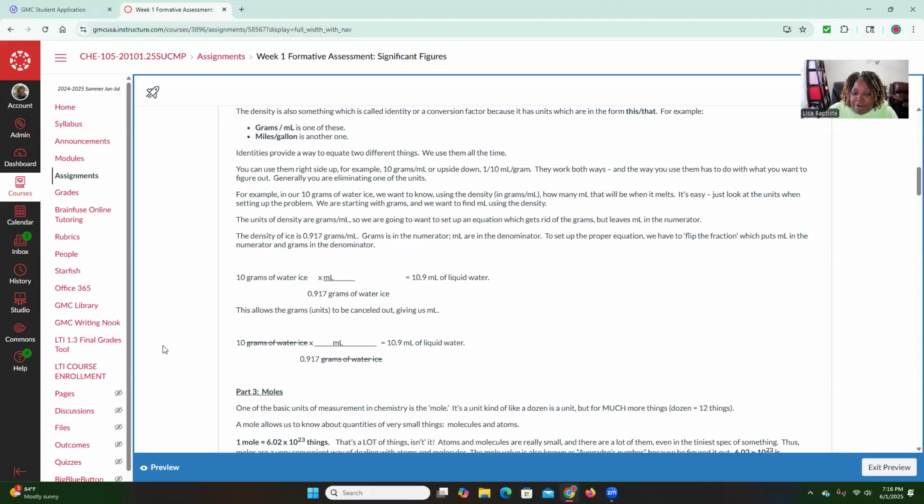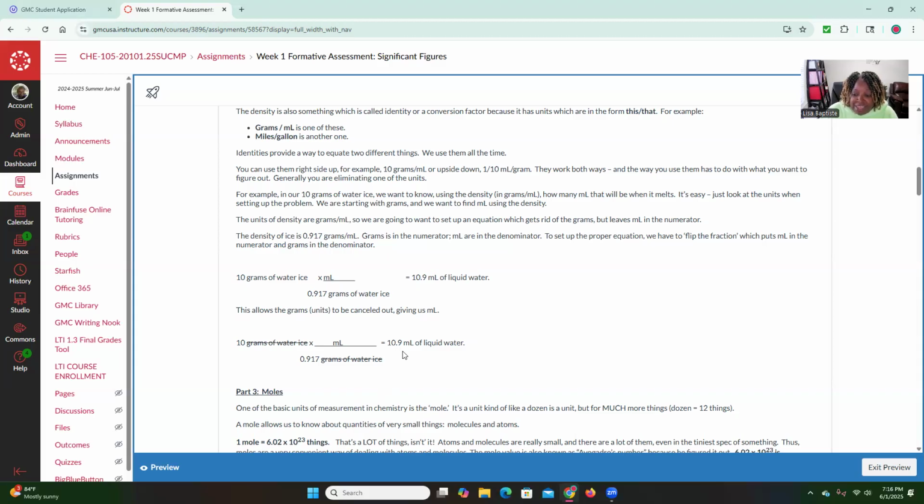Generally, I like to give problems that have at least two to three significant figures because it makes a better number. But this one only has one, so in order to round this to one significant figure, you would need to put this into scientific notation.